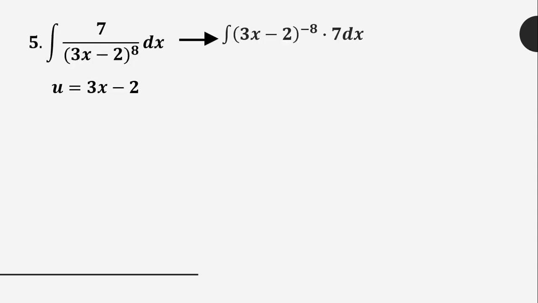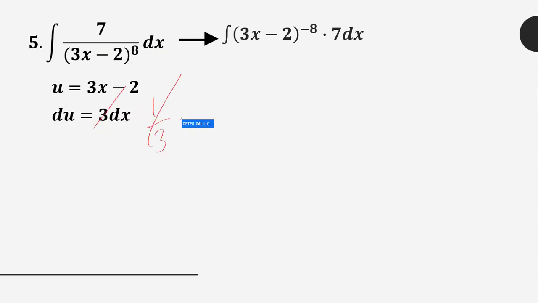When we let u be 3x minus 2, our du is 3 dx. Then we have to think of an integrating factor that when you multiply both sides, you'll get 7 dx. So this is quite difficult because when you multiply by 1/3, this will be cancelled.